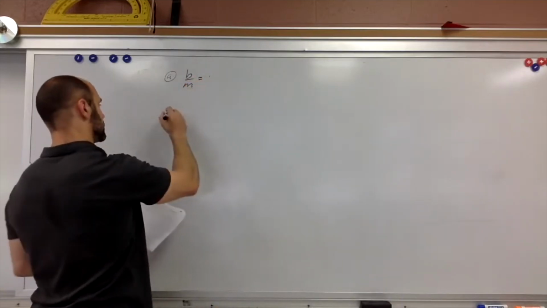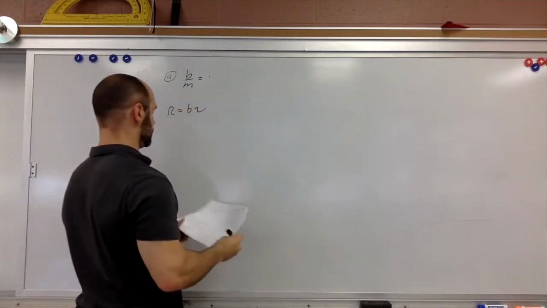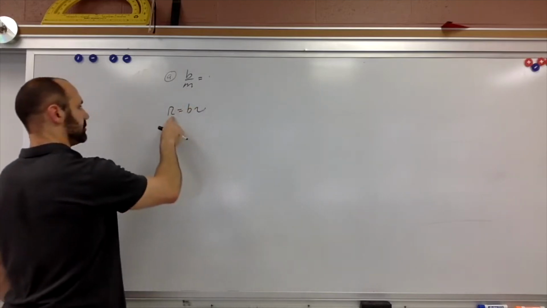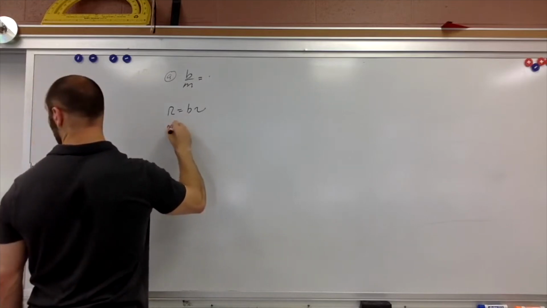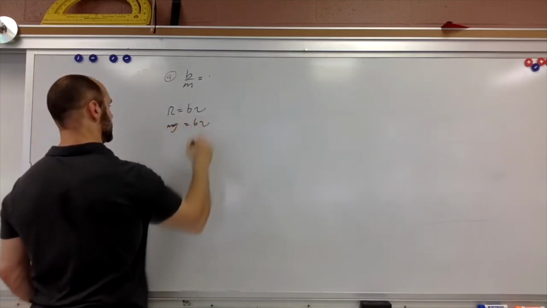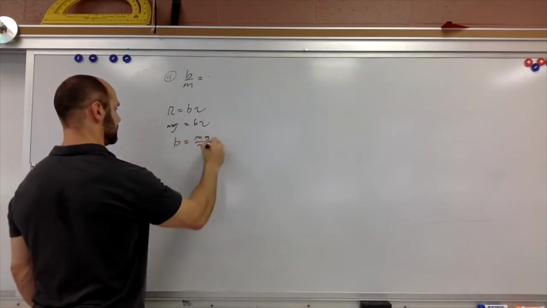I don't know what b is because I have to do this first. R equals bv, that's the resistive force. But what we're saying here is that the resistive force is equal to the force of gravity. So this is going to be mg equals bv, and so b is going to be equal to mg over v.